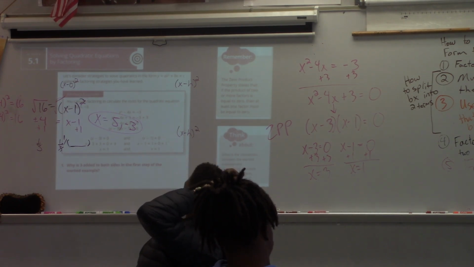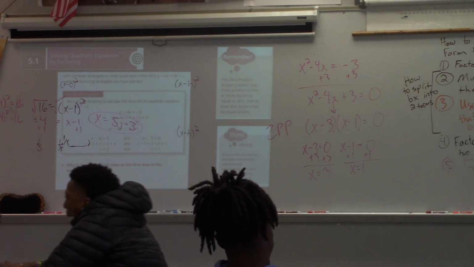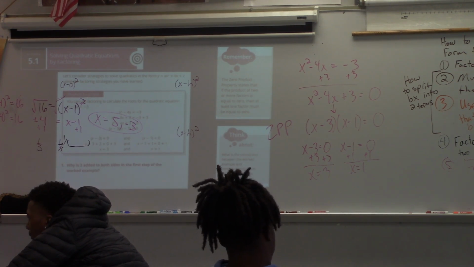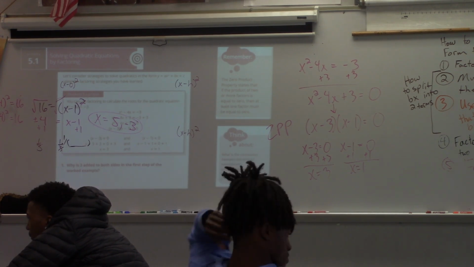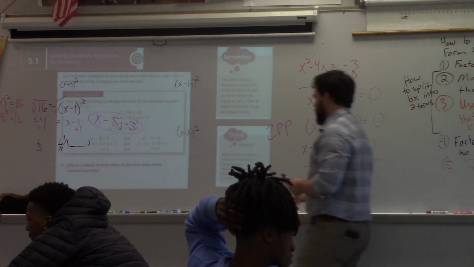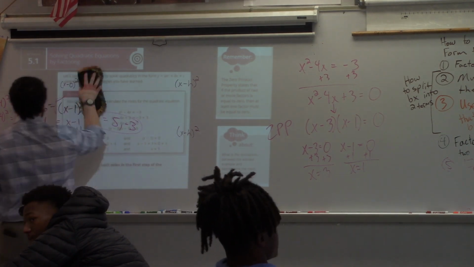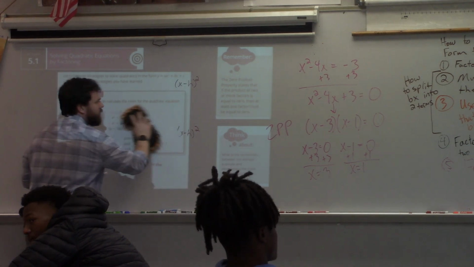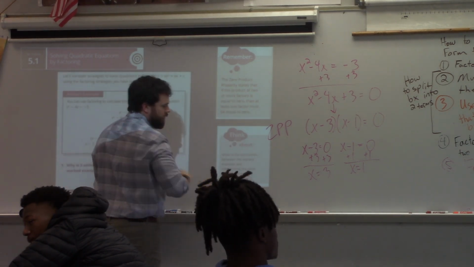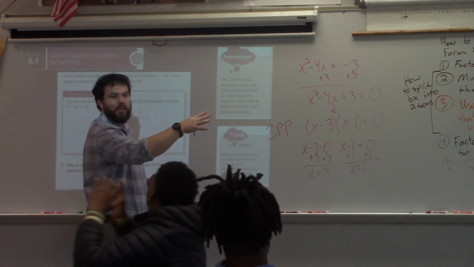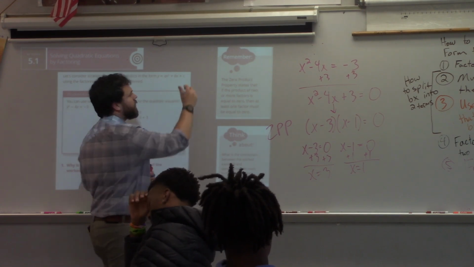We're focusing here on using the AC method to factor a quadratic equation, to go from standard form to factored form. Now, I cannot remember if I showed y'all this in class yesterday, but this is why we are doing those 4 steps. I want you to see why we're doing those 4 steps really quickly.